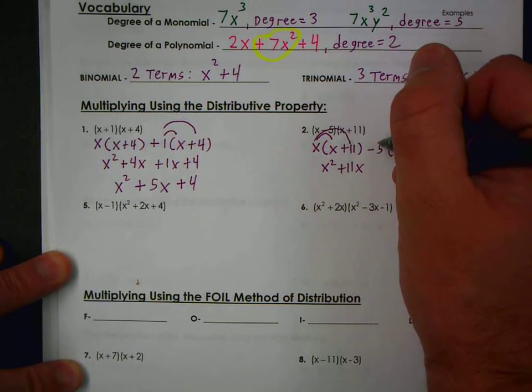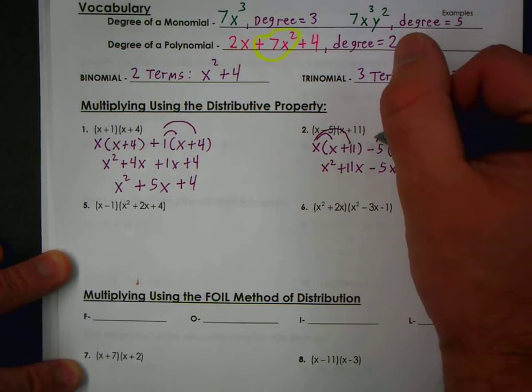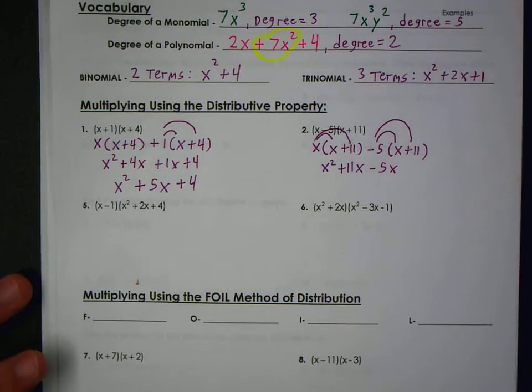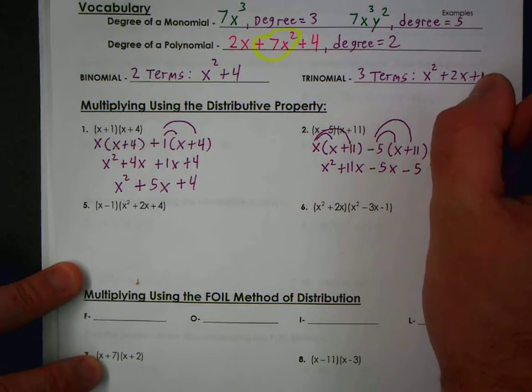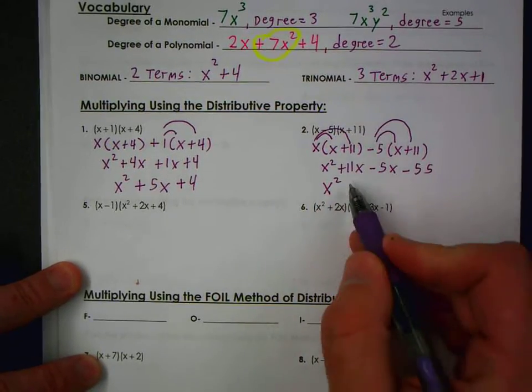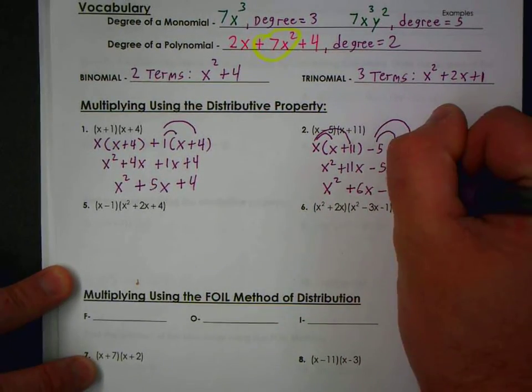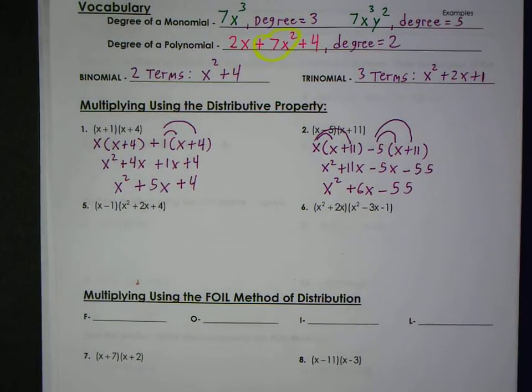And then distribute the negative 5 to the x, and negative 5 to the 11. Negative 5 times 11 is negative 55. Combine like terms. 11x minus 5x. And I get the quadratic trinomial x squared plus 6x minus 55.